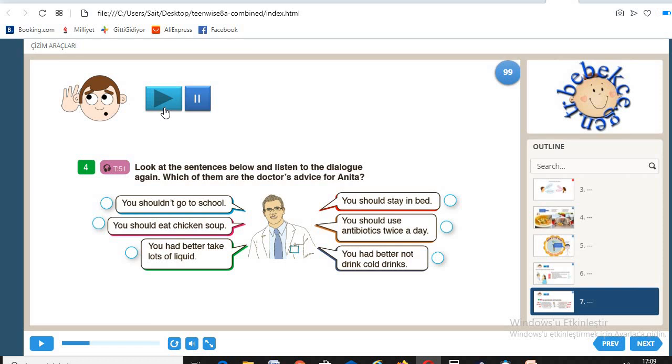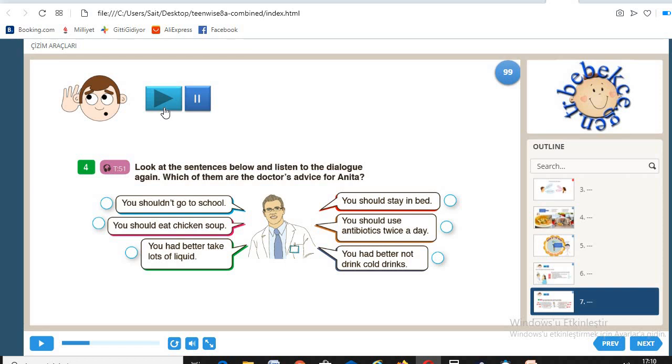Say ah. There's nothing to worry about. You've got a cold. You should stay in bed for a couple of days and you shouldn't go to school. I'll prescribe you some tablets and syrup for your cough. You had better take lots of liquid and vitamin C. No antibiotics? No, there's no need. Come back next week if you don't feel better.